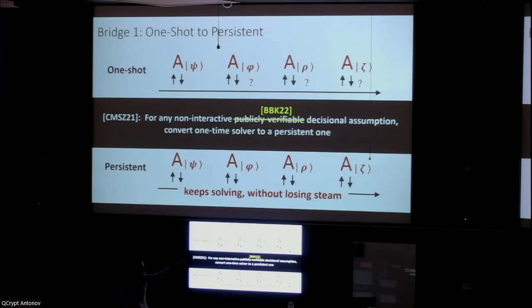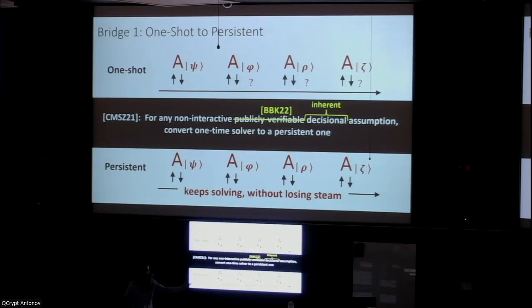Okay, so what we can show is that any interactive protocol, any interactive decision assumption, or again, any assumption where the adversary has only, let's say, polynomially many possible accepting answers, then we can restore the state of the solver or the adversary. By the way, one interesting thing from our work is that the fact that you can restore states only for decisional assumptions or primitives is inherent.